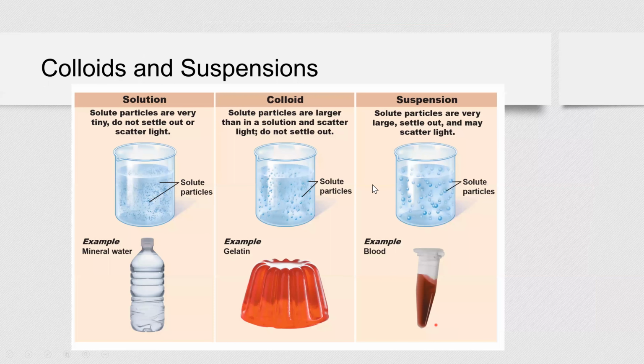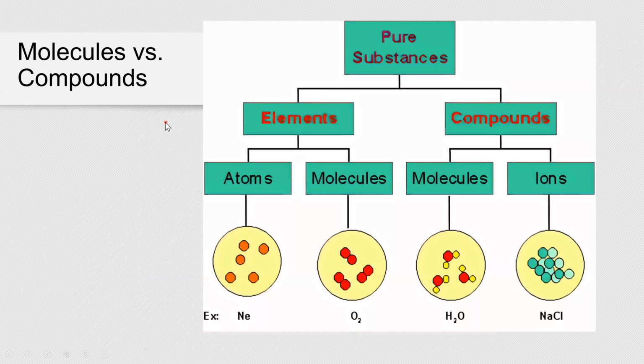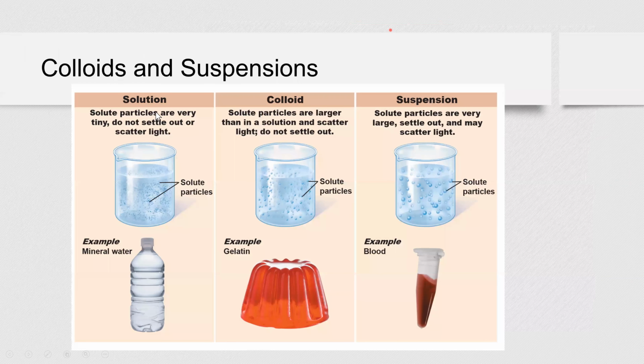Okay, next, what is a solution, what is a colloid, and what is a suspension? Now over here, we have pure matter, right? Now, when we have a solution, we have two different molecules, or it can be ions and molecules, but we have a combination of particles, right?